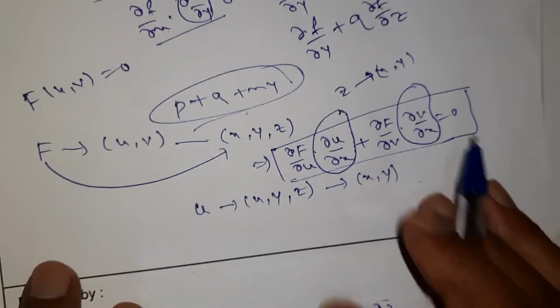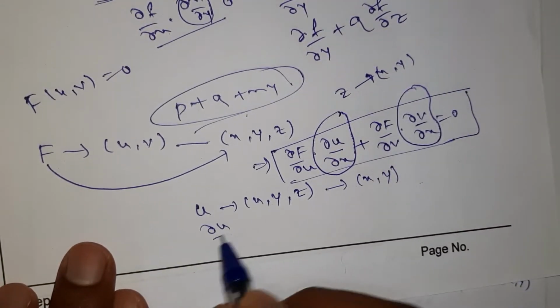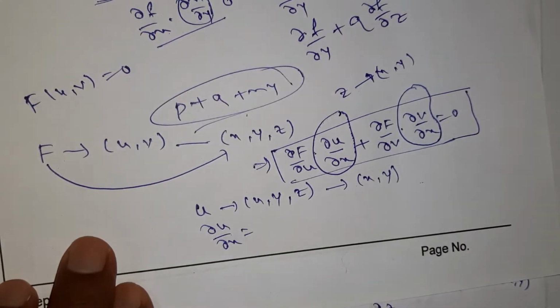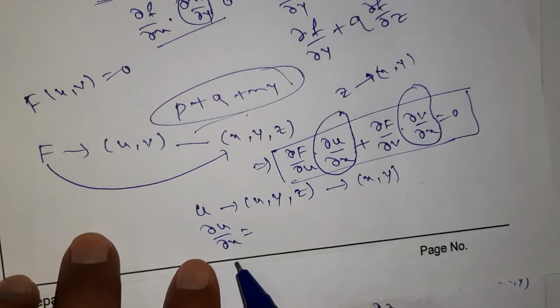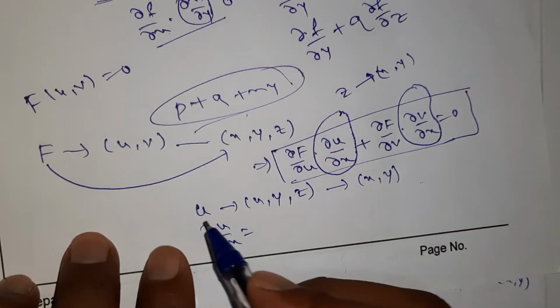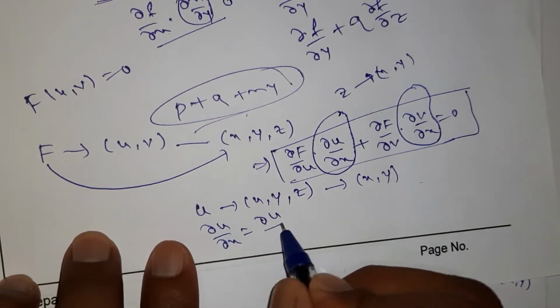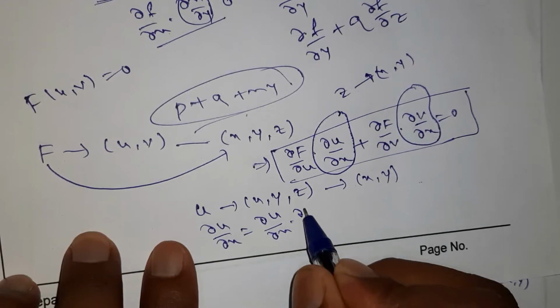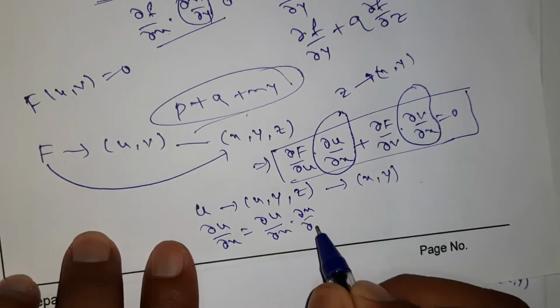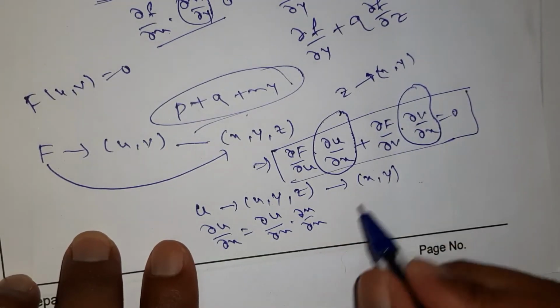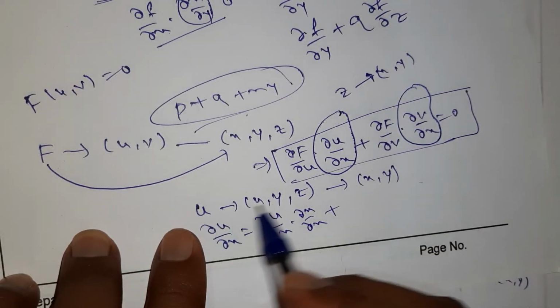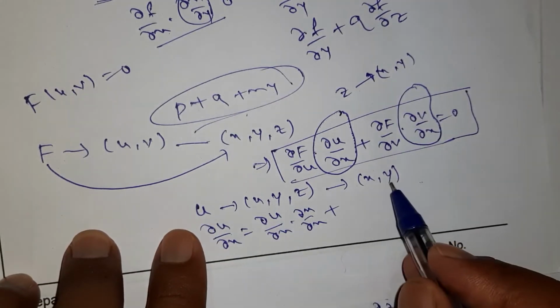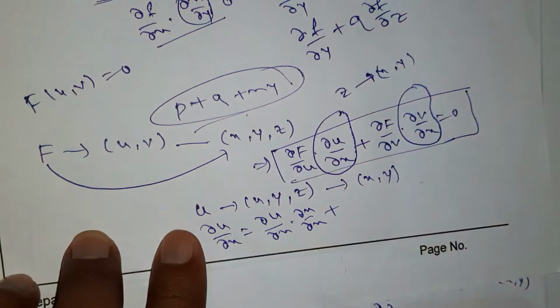So which derivative exists here? Dou u by dou x. Suppose I take dou u by dou x. Dou u by dou x into dou x by dou x with respect to x, plus dou u by dou y into dou y by dou x is 0 as we did in our first case.